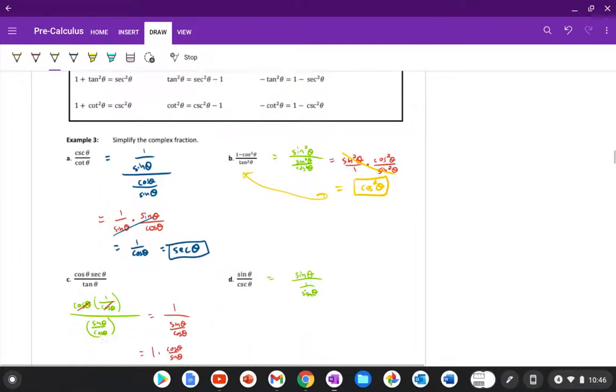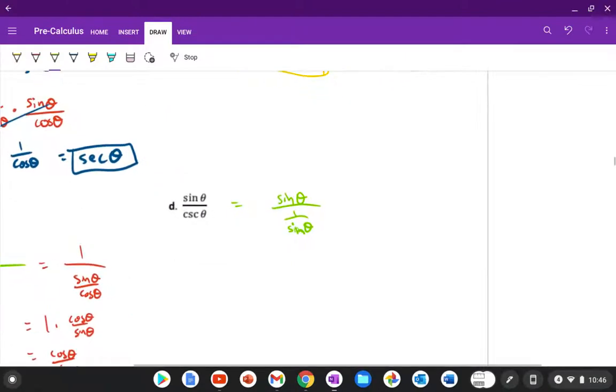Always just look at the chart. All right, and then we flip and multiply sine theta times, we flip, it becomes sine theta over 1, which when we multiply, is just sine theta times sine theta is just sine squared theta. Over 1 would just be the same as sine squared theta. So that is our final answer for that one.